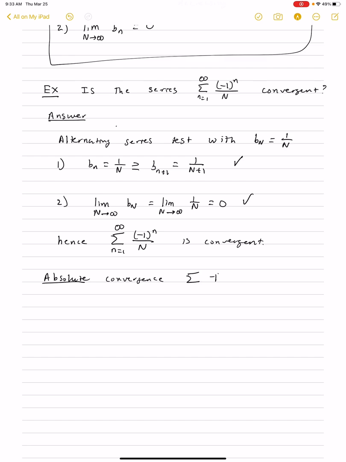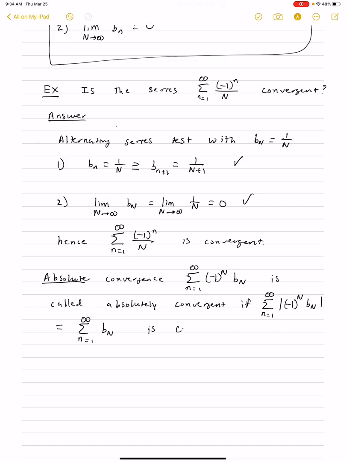So this summation of minus 1 to the n times b sub n from n equals 1 to infinity is called absolutely convergent if the summation from n equals 1 to infinity of the absolute value of the term, so that way we take away the negative symbol, okay, so the absolute value would just be b sub n, if this is convergent.